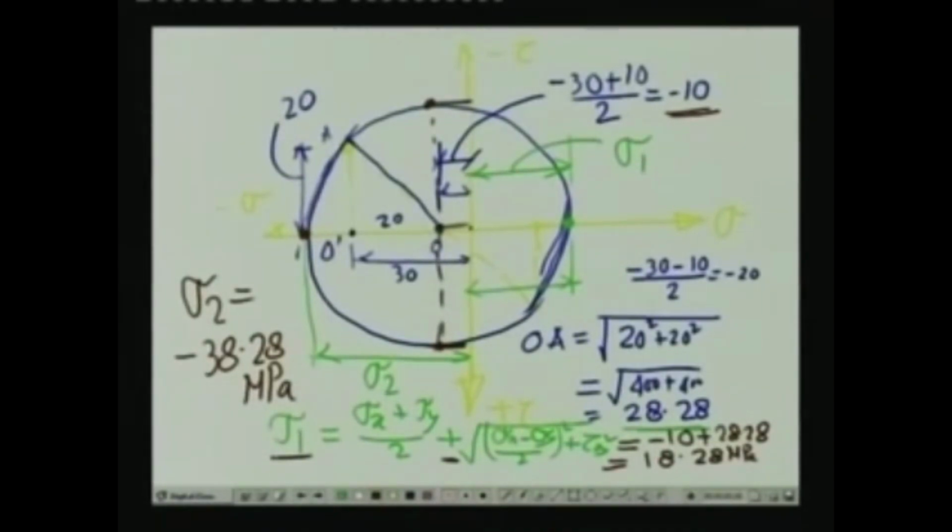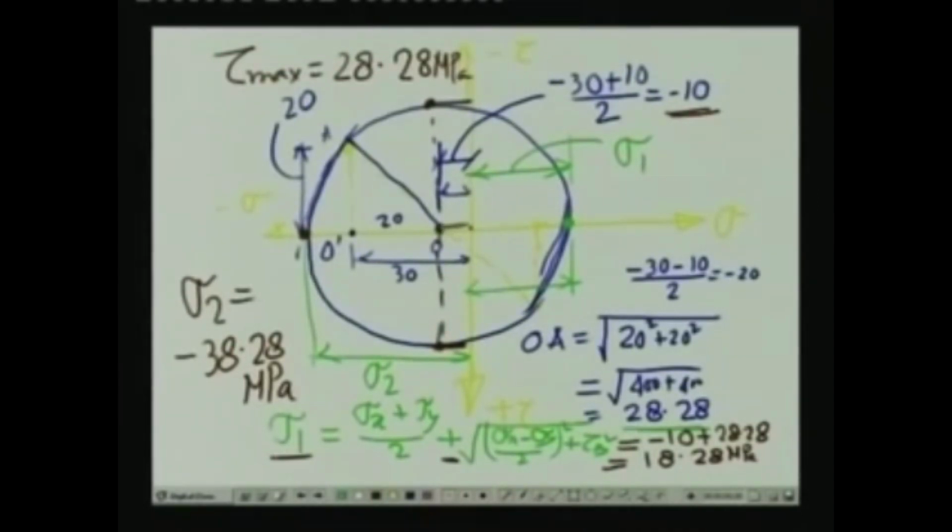So, the maximum value of shear stress is equal to the radius, which is 28.28 MPa. So, tau max, the maximum shear, is equal to 28.28 MPa, and the corresponding normal stress on these particular planes where the maximum and the minimum shear stress occur is equal to sigma x plus sigma y by 2, which is equal to minus 10.